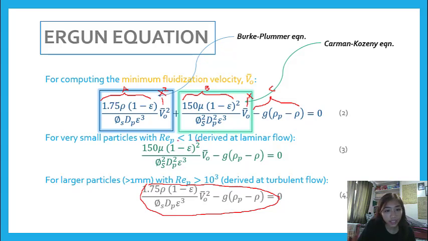So if in a problem we are given small particles and the flow is laminar, we can derive the minimum fluidization velocity directly from this equation. So we don't need to use the longer one above. We can use directly this or this. Okay?